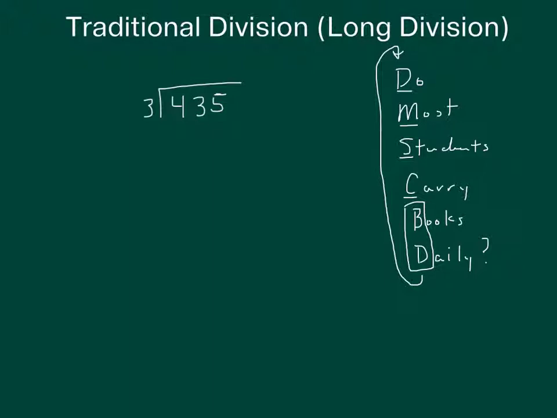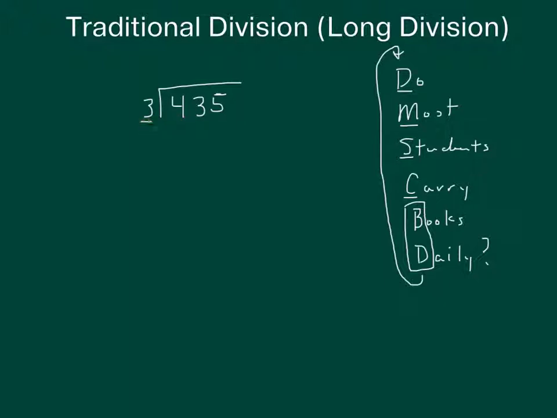So let's come over here to our problem, and our divisor is 3. Our dividend, the number that is being divided, is 435. So let's look at the first step, divide. To start, we're going to look for the divisor and the greatest place of the dividend.